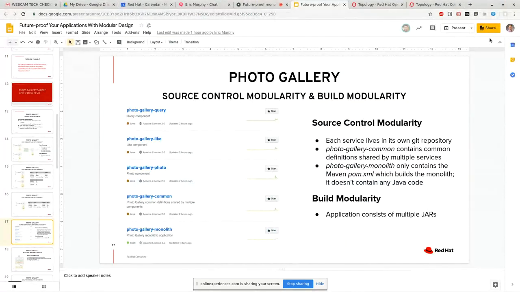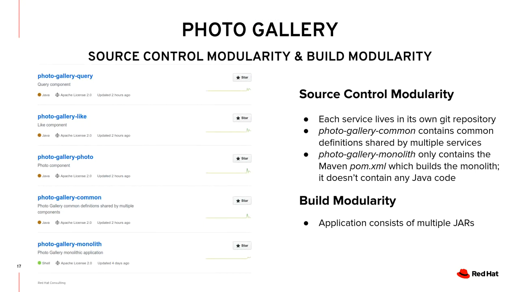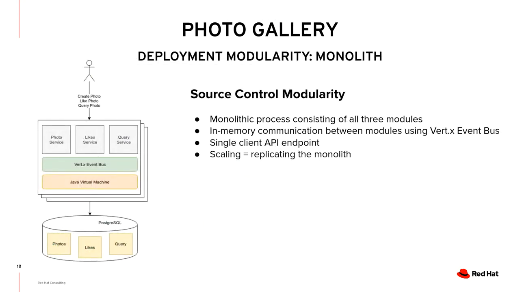So coming back to our presentation, let's take a look at the last modularity flavor which we are showing today. And this is the deployment modularity flavor. Our application, as it is written, can be deployed in two ways. Either you can deploy it as a monolith, or you can deploy it as a set of microservices.